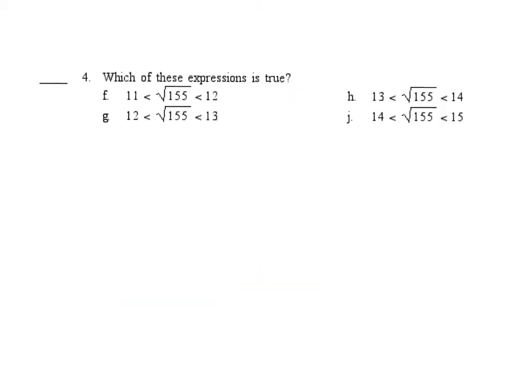It's kind of the same type question. Which of these expressions is true? We can tell all these whole numbers what those are, but we need to do the square root of 155. So the square root of 155, I can type into my calculator, and I can see that it's 12.449 and goes on and on and on.